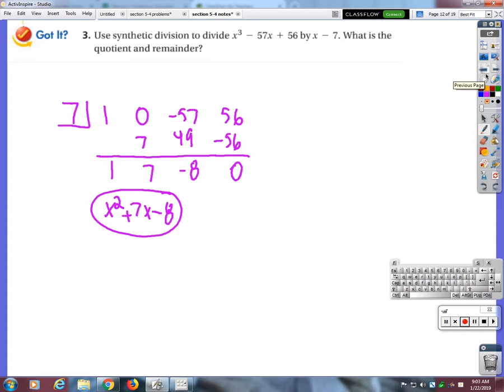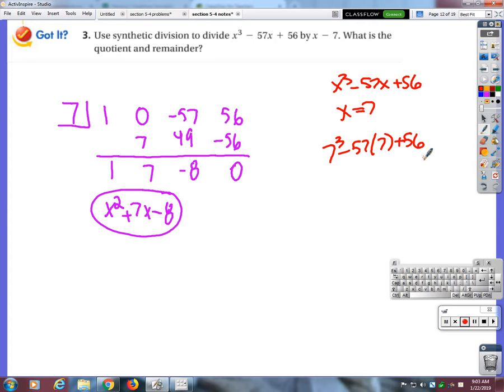If I take x cubed minus 57x plus 56, and I plug in 7 for x, watch what I get. Are you ready? So I'm going to go 7 cubed minus 57 times 7 plus 56, right?